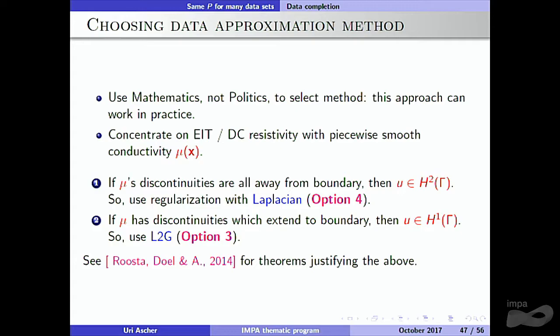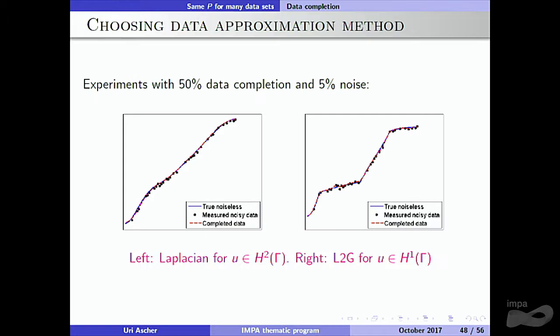Otherwise, what I called here L2G, which means gradient method, but in the L2 norm. There are a bunch of theorems that justify this, and there's a paper that we wrote in 2014. So if it's smooth, that's a result of option 4. If it is piecewise continuous, then that's a result of the third option, L2G.